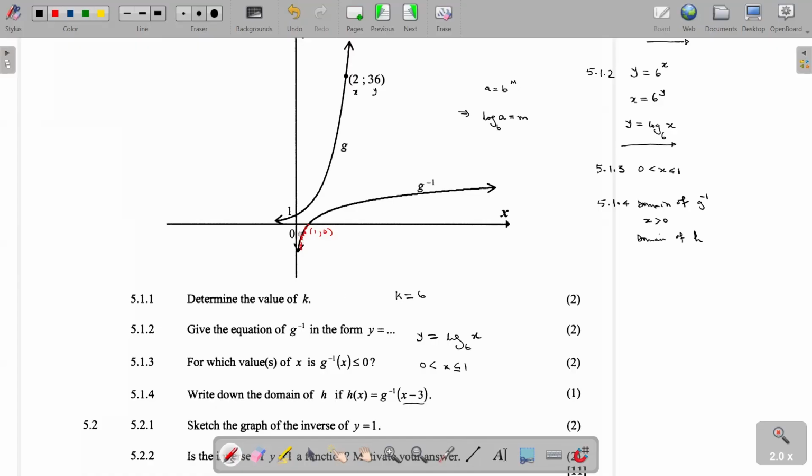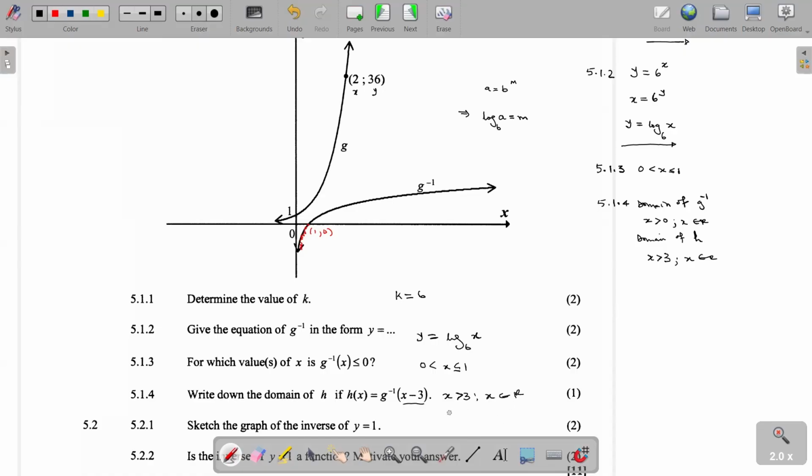If the graph has been shifted 3 units to the right, our asymptote is now at x equal to 3. So the domain of h becomes x greater than 3, and we have to take note that x is an element of the real numbers.